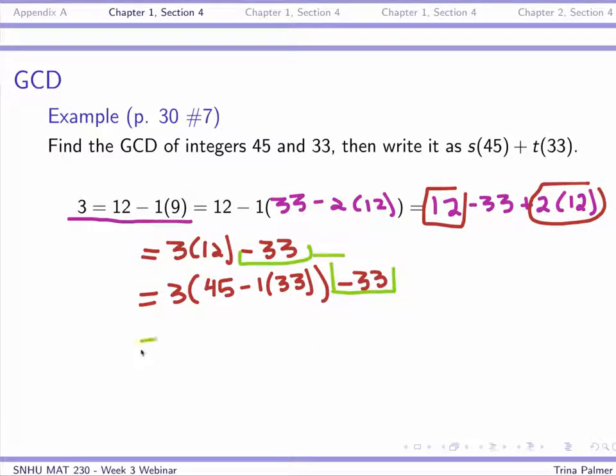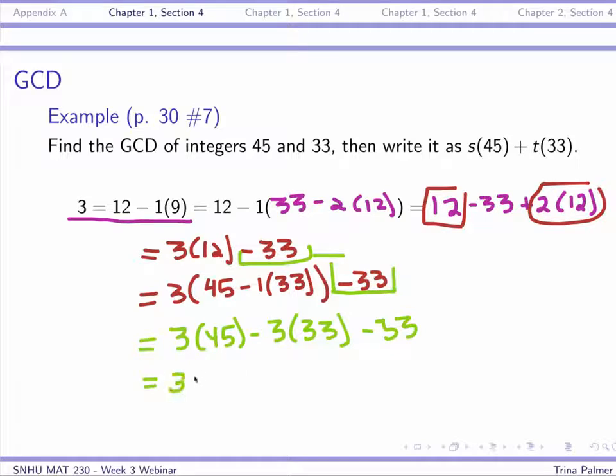And now I'm going to rearrange again. So I'm going to distribute my 3. So I get 3 times 45 minus 3 times 33 minus 33.